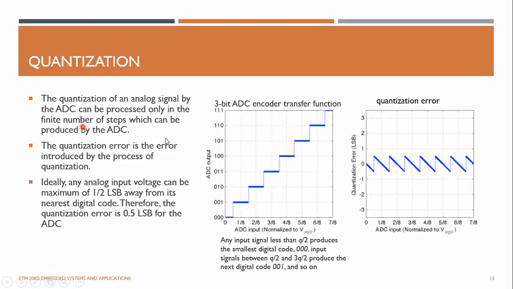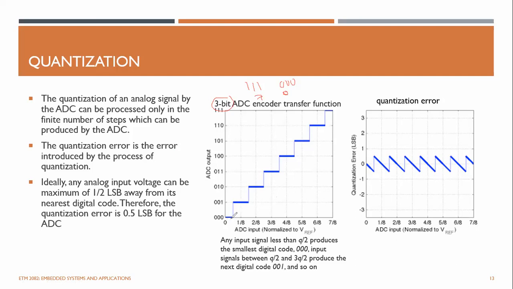Quantization is another term related to the ADC. Quantization error is introduced by the process of quantization. Let's say this is a 3-bit ADC encoder. For 3 bits, the maximum value is 111 and the minimum value is 000. 111 is 7, and this is 0. So you can see here 0, 1, 2, 3 up to 7.